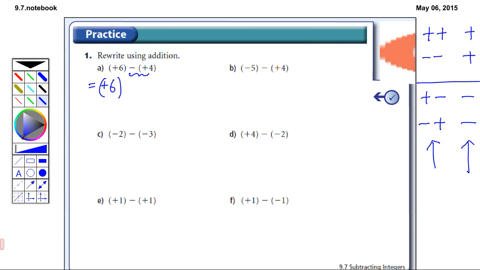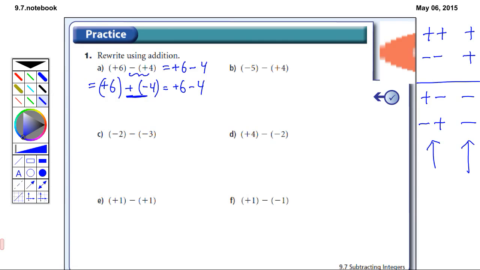Plus 6 minus plus 4 is going to be plus 6 minus 4 in the end. So I could switch that around and say plus minus 4, because when we have a plus followed by a minus, I know that's going to turn into a minus. So it's still going to be plus 6 minus 4.